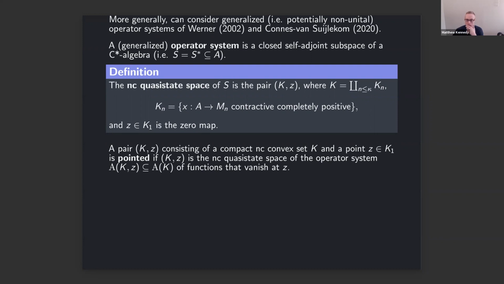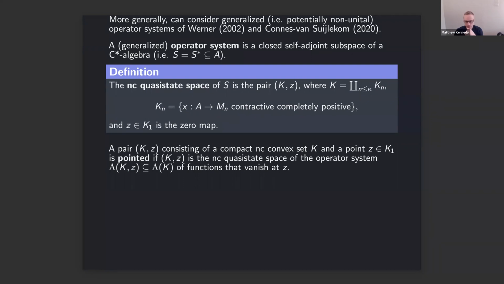And there's a fundamental difficulty in the non-unital case. In the unital case, remember, every compact NC convex set corresponds to the NC state space of an operator system. This is no longer true in the non-unital case. Things get a little bit delicate.